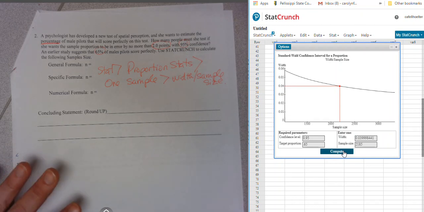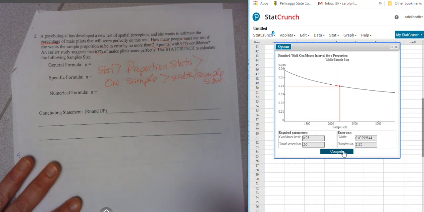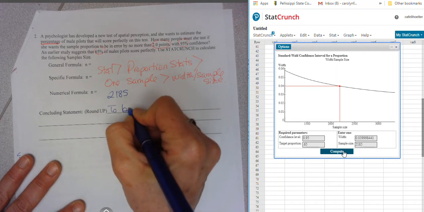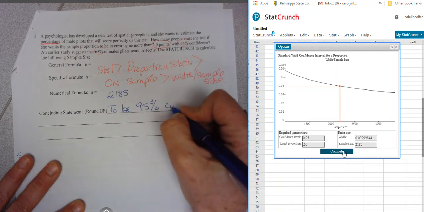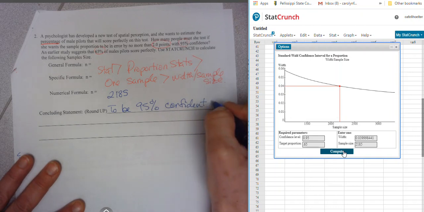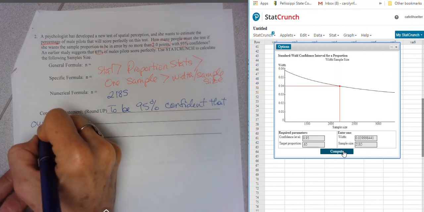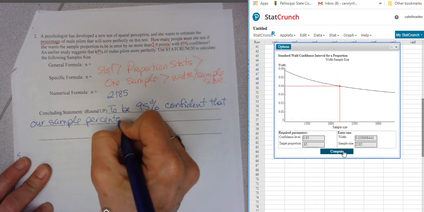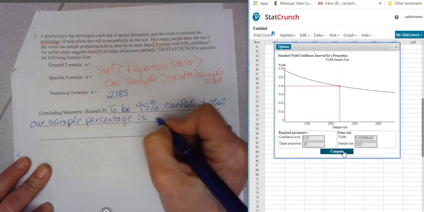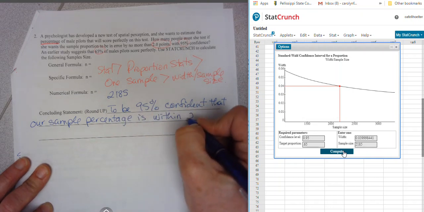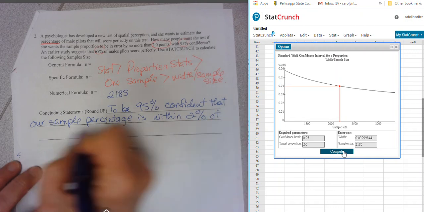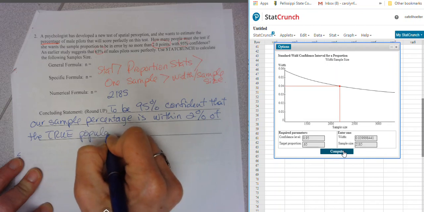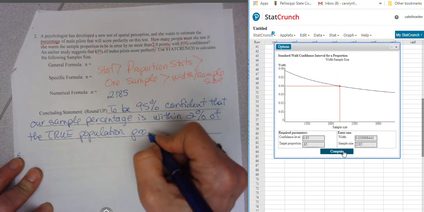So let's get the sentence out here. What's 2,185? We would say to be 95% confident that our sample percentage is within 2% of the true population proportion or percentage.